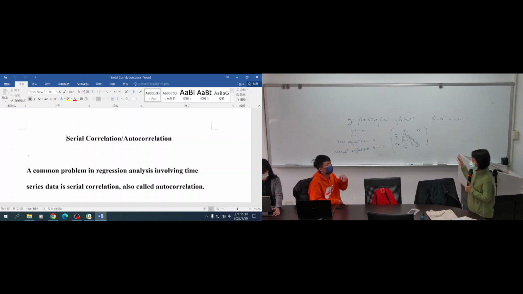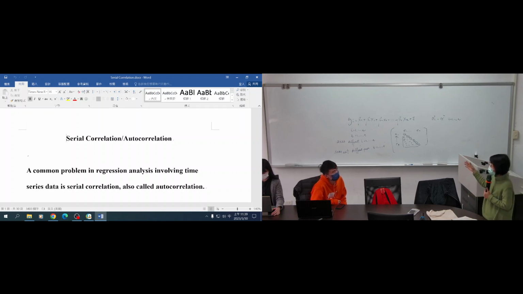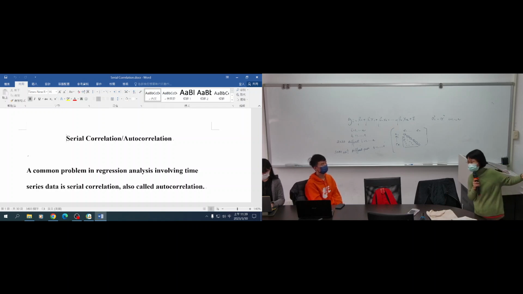We can then solve the problem of autocorrelation or heteroscedasticity. First, make the model correct in order to solve heteroscedasticity problems as well as autocorrelation problems.